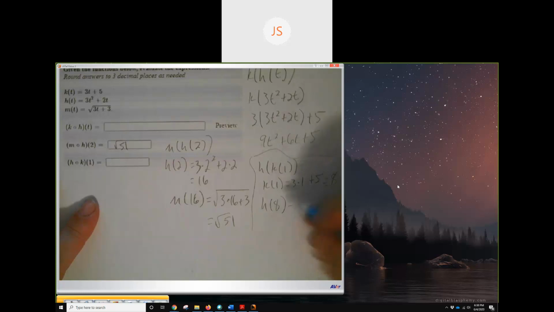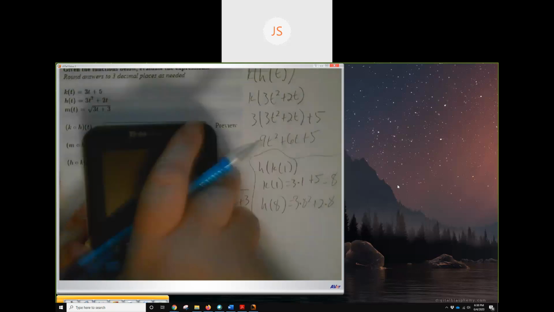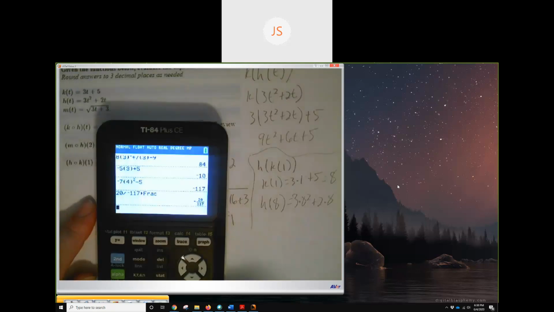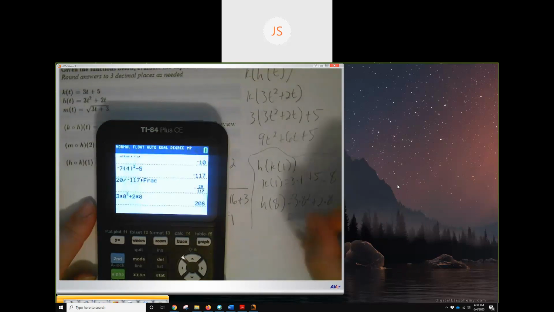And so then h of 8 is 3 times 8 squared plus 2 times 8. I feel like doing 3 times 64 in my head, so 3 times 8 squared plus 2 times 8.